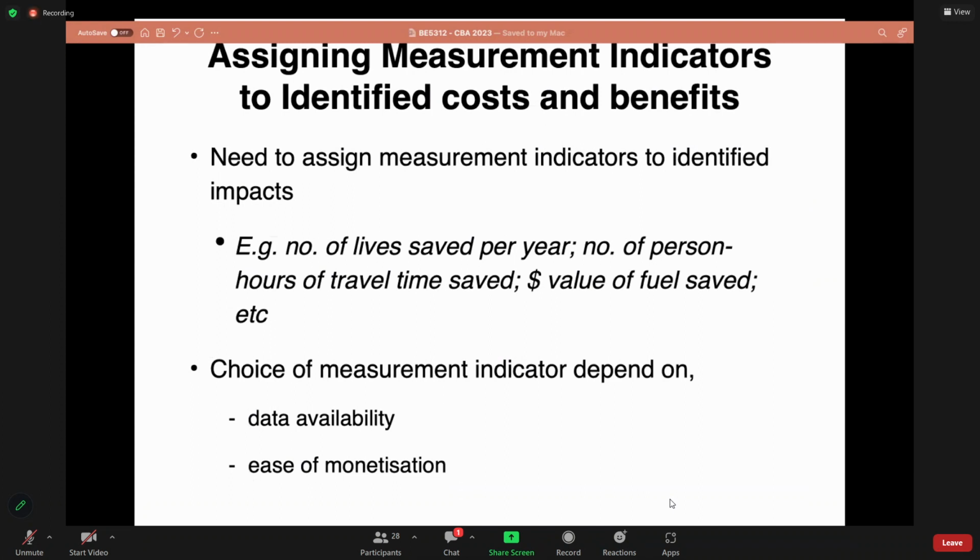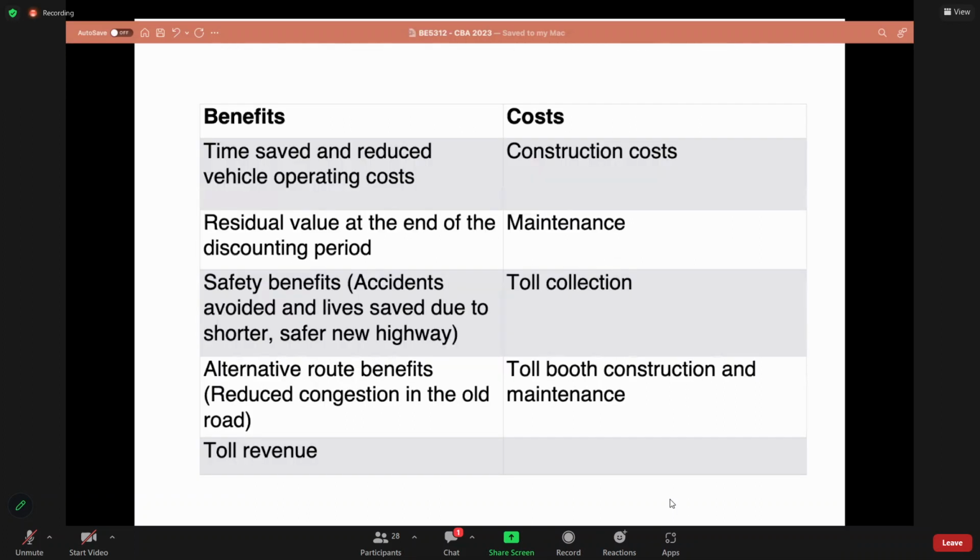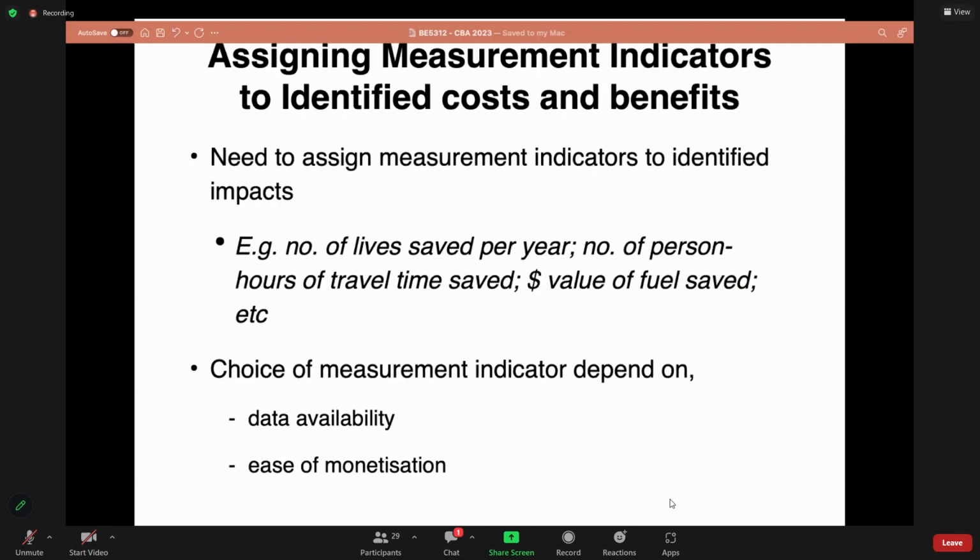Once you identify your costs and benefits, then you have to assign measurement indicators or metrics to each of these costs and benefits that we can then use to predict the impacts. Say, for instance, to calculate safety benefits or to calculate the reduced vehicle operating costs, what are the metrics that you are going to use?